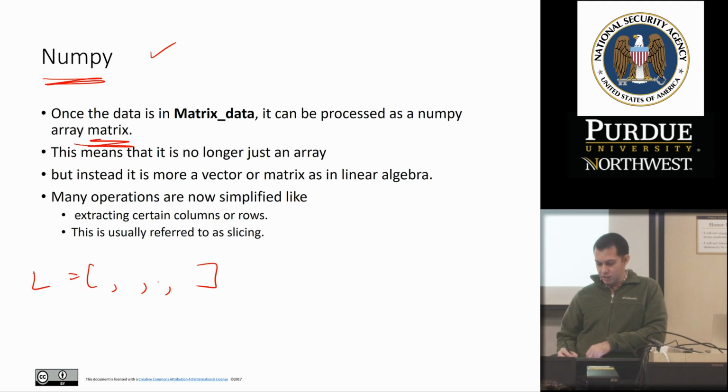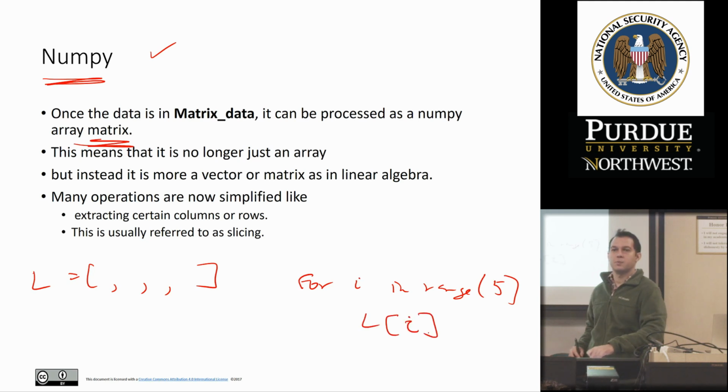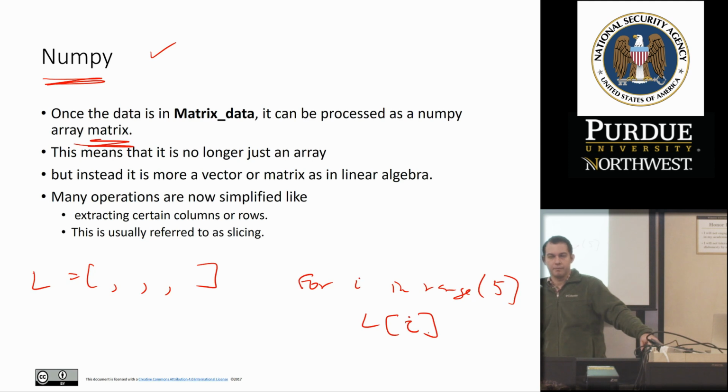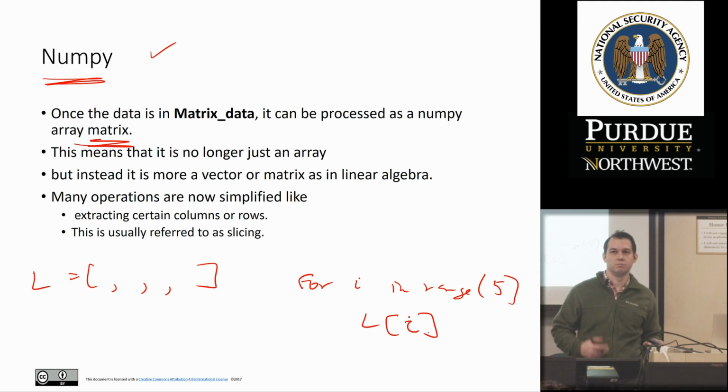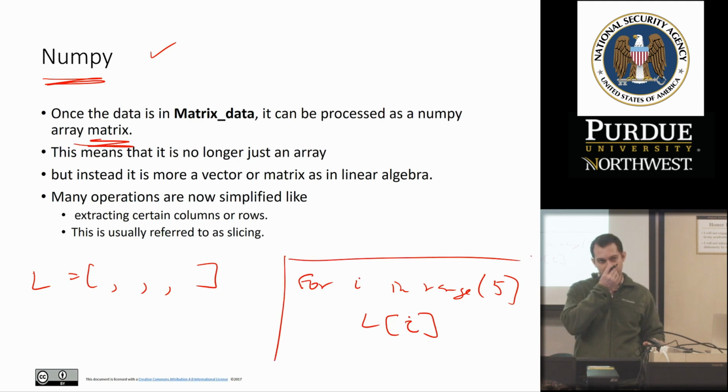But you still have to process it like an array, so you'll do for i in range 5 or something, and then L[i], right? And you start processing things that way, and that's the way you write your code. But that's not a very efficient way of processing things, right? Because you want to really take advantage of more efficient methods.